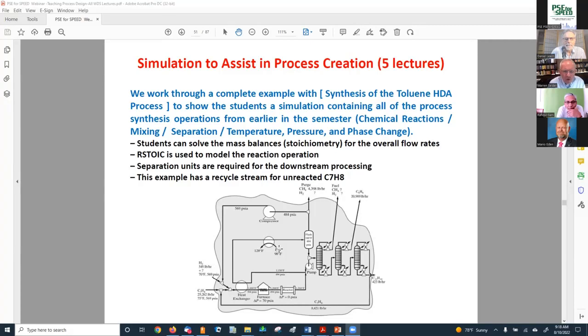And we show the students a simulation containing all of the process synthesis operations, what we taught them at the beginning of the semester in chapter 2. Okay, these are the operations. I won't read them to you. The students can solve the mass balance and stoichiometry for the overall flow rates.